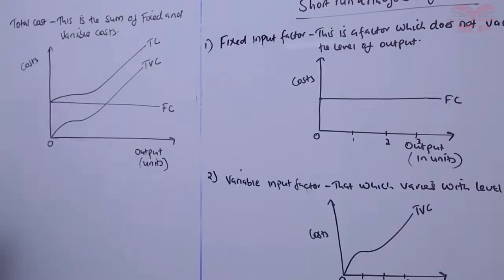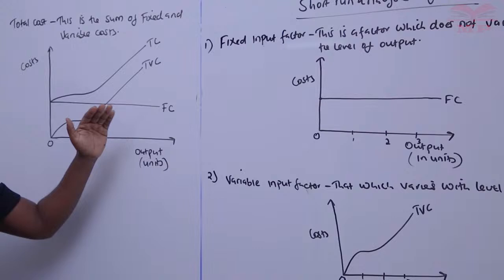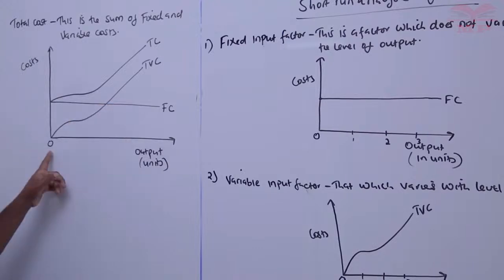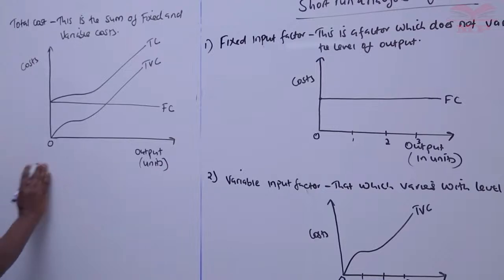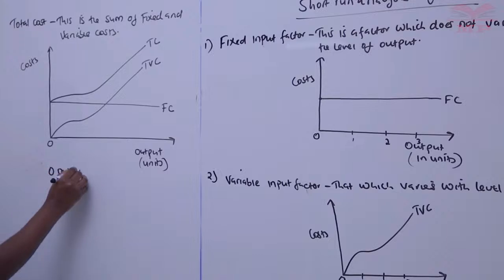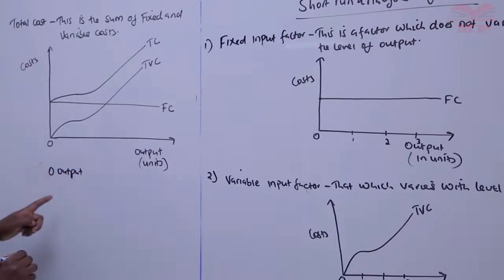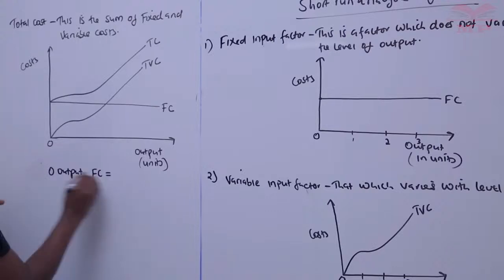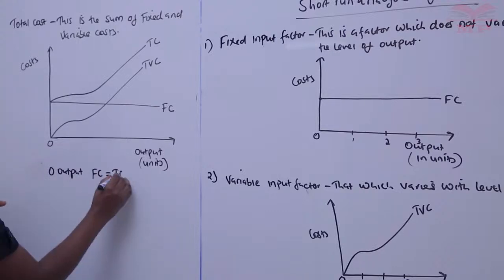So the costs here are fixed when total variable costs are rising. Initially, we do not have any cost that is incurred. The only cost that is being incurred here is a fixed cost, which is remaining constant. So where we have 0 output, that means no output is produced, fixed cost equals total cost.